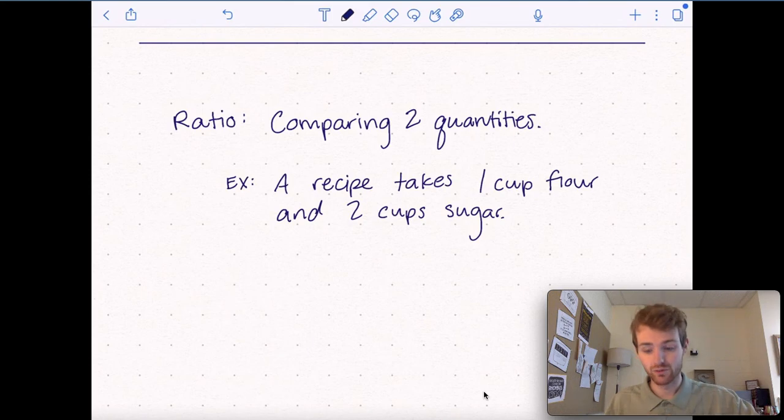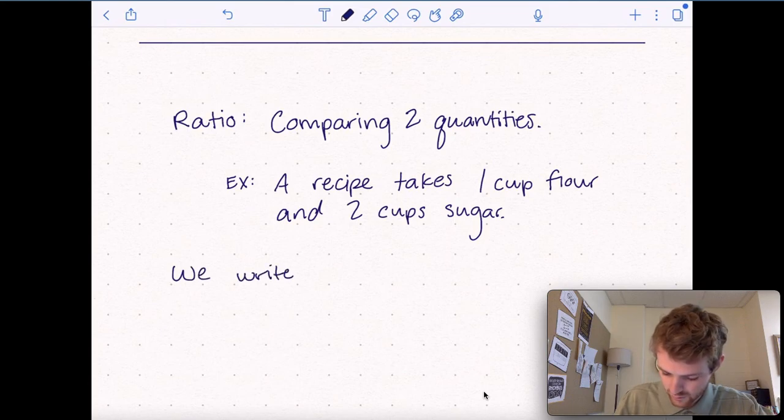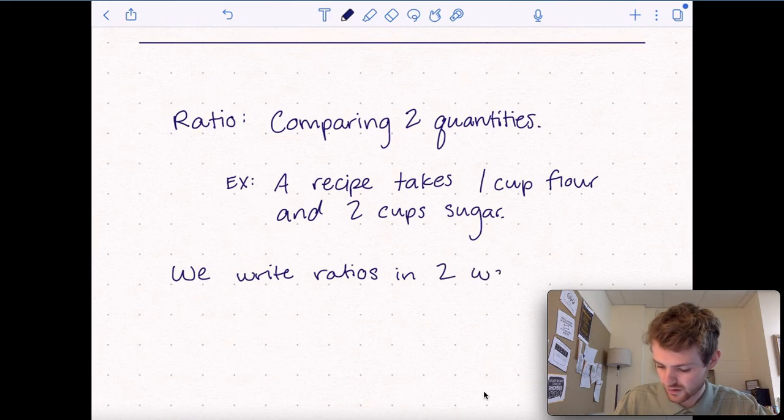When we write a ratio, typically, we write ratios in two different ways.